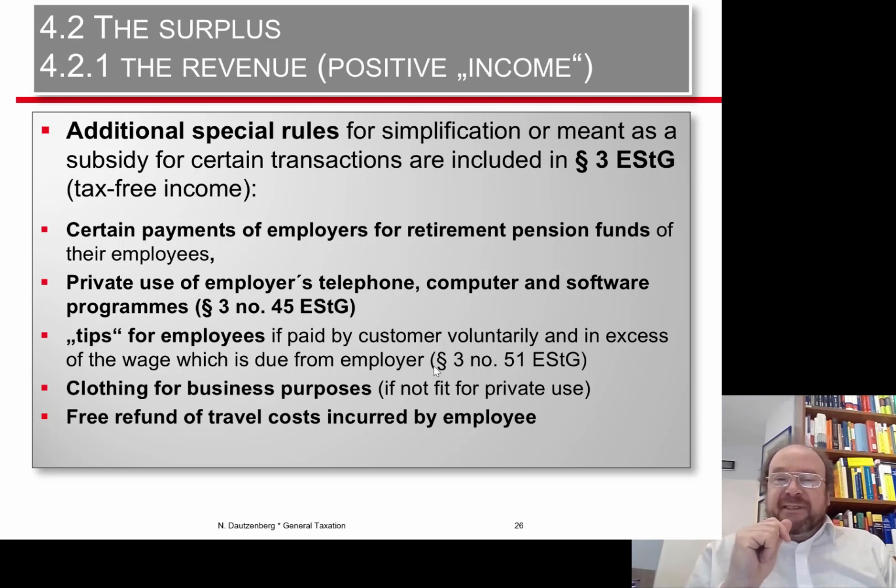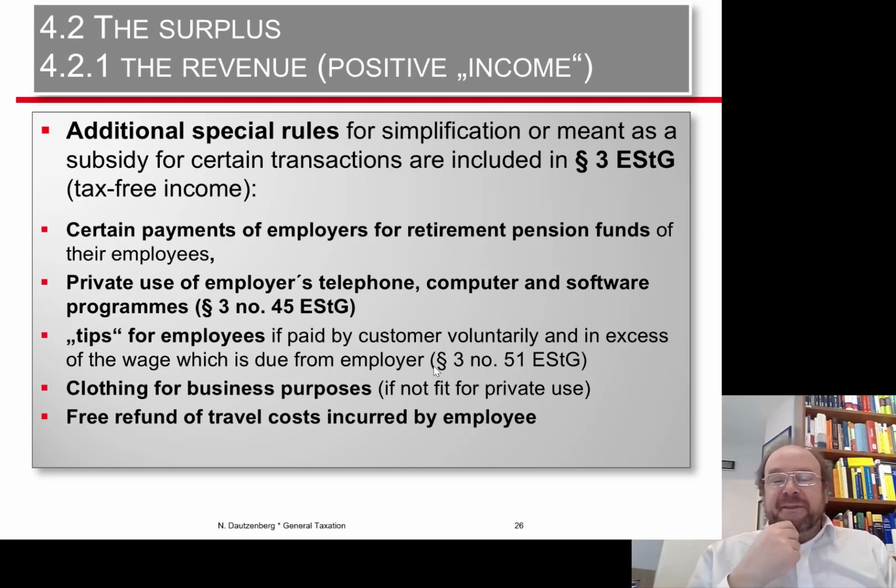In principle it would be a private advantage, a monetary advantage, if you can use your employer's telephone for a private call, or use a computer for a private letter, or for surfing the internet during your lunch break for 5 minutes using your enterprise's computer. The problem is then one would have to calculate the market value of that, and that would again be so much bureaucracy that it doesn't really pay off, and so it was declared tax-free in order to get rid of that problem.